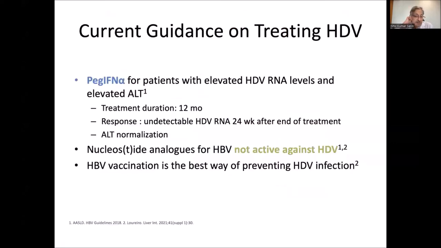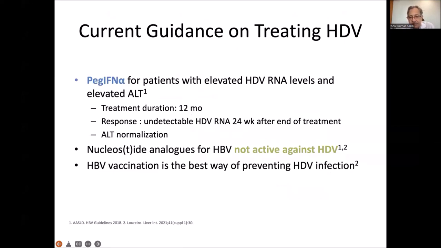How do you treat hepatitis delta? Our current drugs, tenofovir and entecavir, TAF, are not active. The only active drug is PEG interferon. So whenever you have a co-infection or a superinfection or a chronic delta, treat with PEG interferon. Treatment is for 12 months.